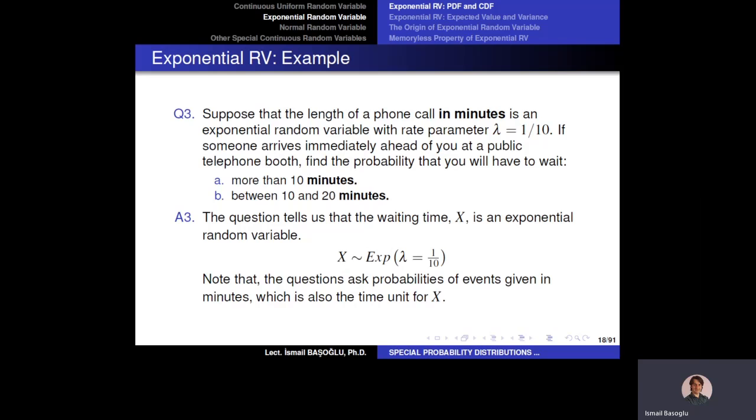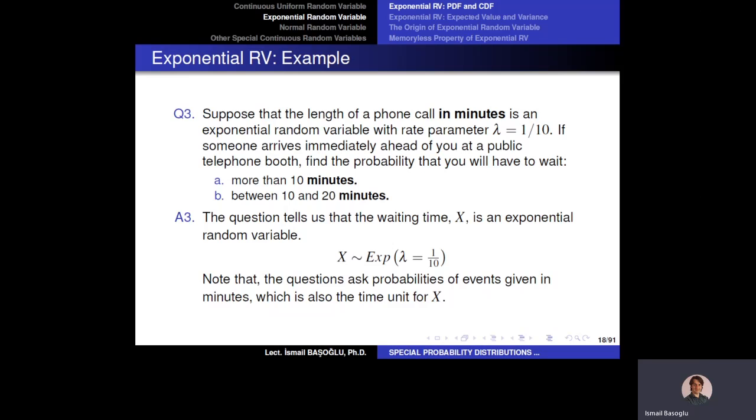Suppose that the length of a phone call in minutes is an exponential random variable with rate parameter lambda equal to 1 over 10. So you see here the exponential random variable measures the duration of a telephone call. So it is basically measuring a time, okay, duration. And practically, exponential random variables are mainly used to model length of time or durations, okay?